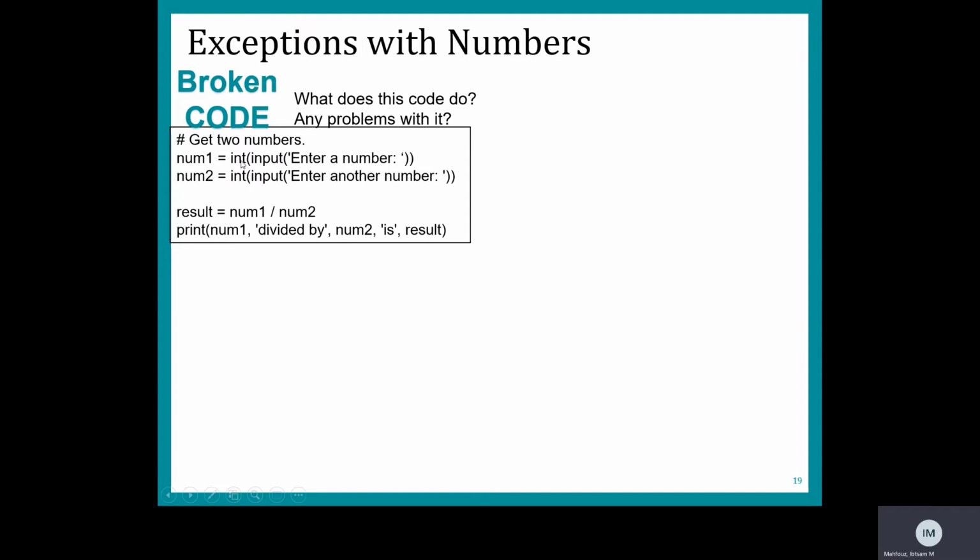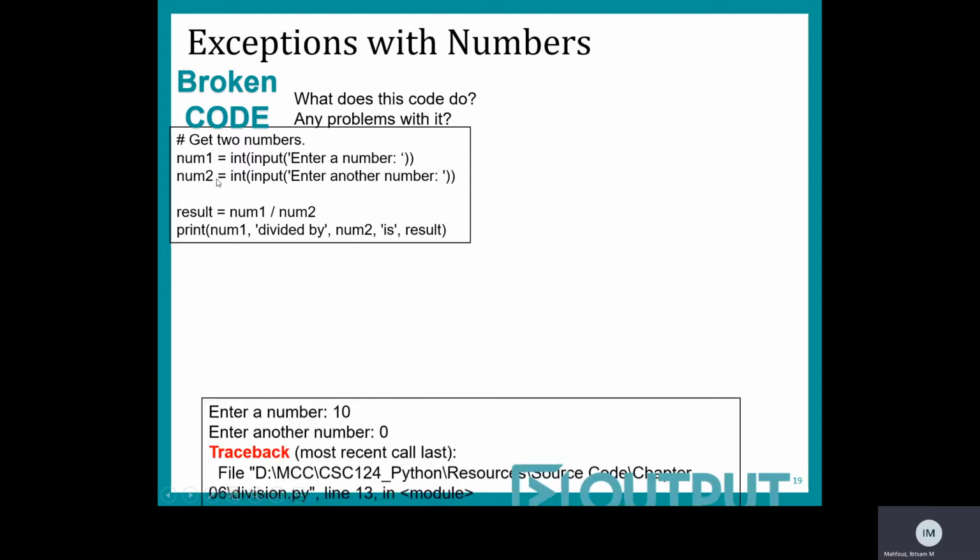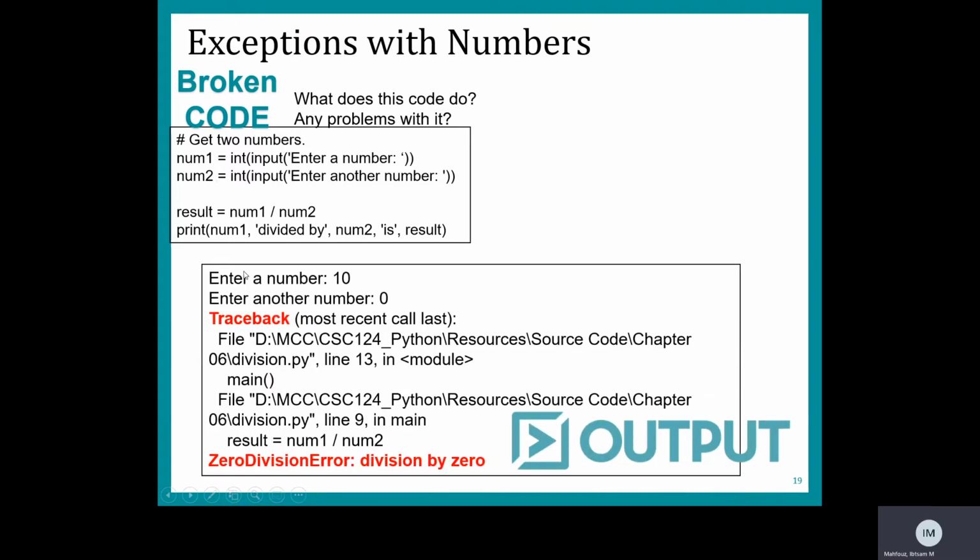So that's one thing that might cause this code to break. Another thing that might cause this code to break is if the user enters a number in the denominator, num2, as 0. That will also give an exception. So here, if the user enters 10 for the first number and 0 for the second number, what I'm going to get is a division by 0 exception.